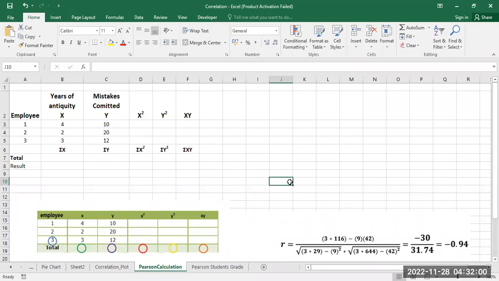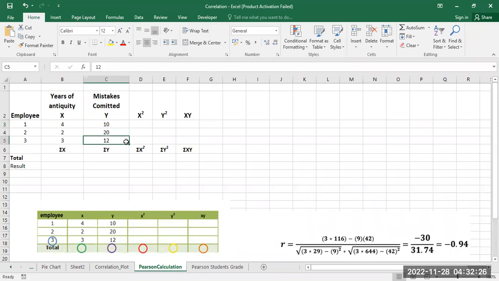The first employee spent 4 years in the organization, and when he was observed, let's say within a year or month, it was observed that he had committed 10 mistakes. The second employee spent 2 years in that company, and has committed 20 mistakes. The third employee spent 3 years and has committed 12 mistakes.